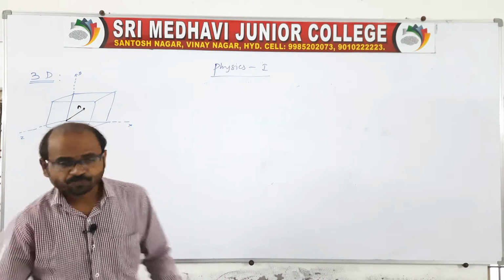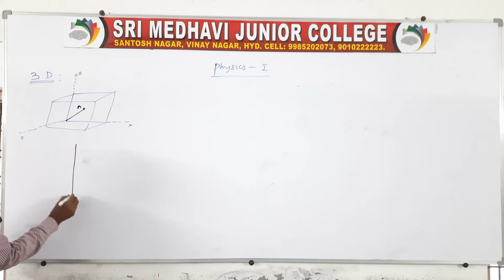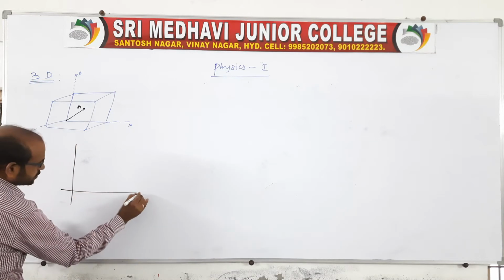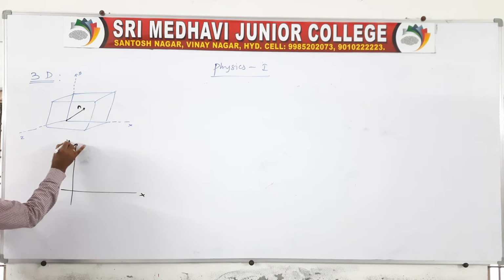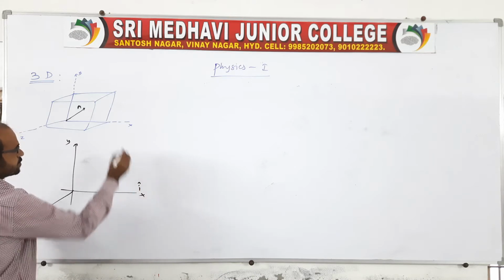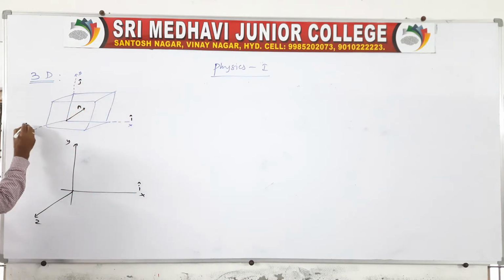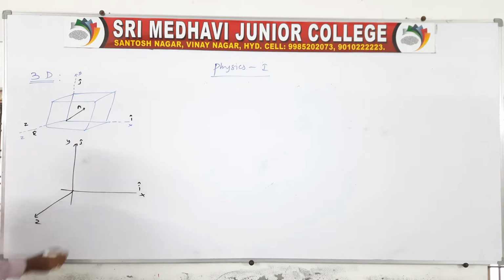I'll give you another similar diagram. You take x, y, and z as the axes. The x axis is represented as i cap, y as j cap, and z as k cap.